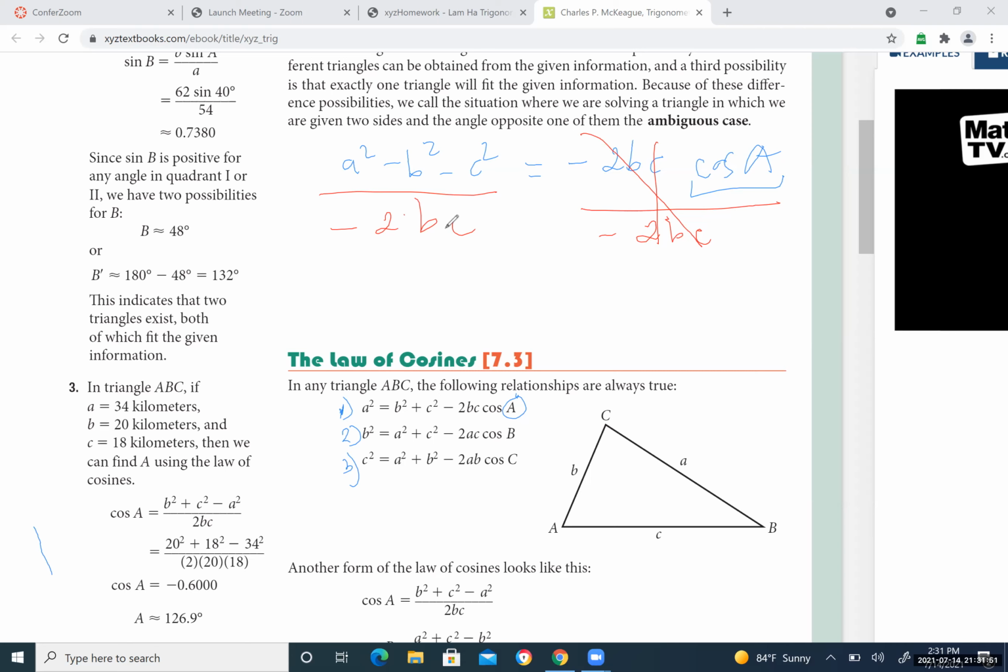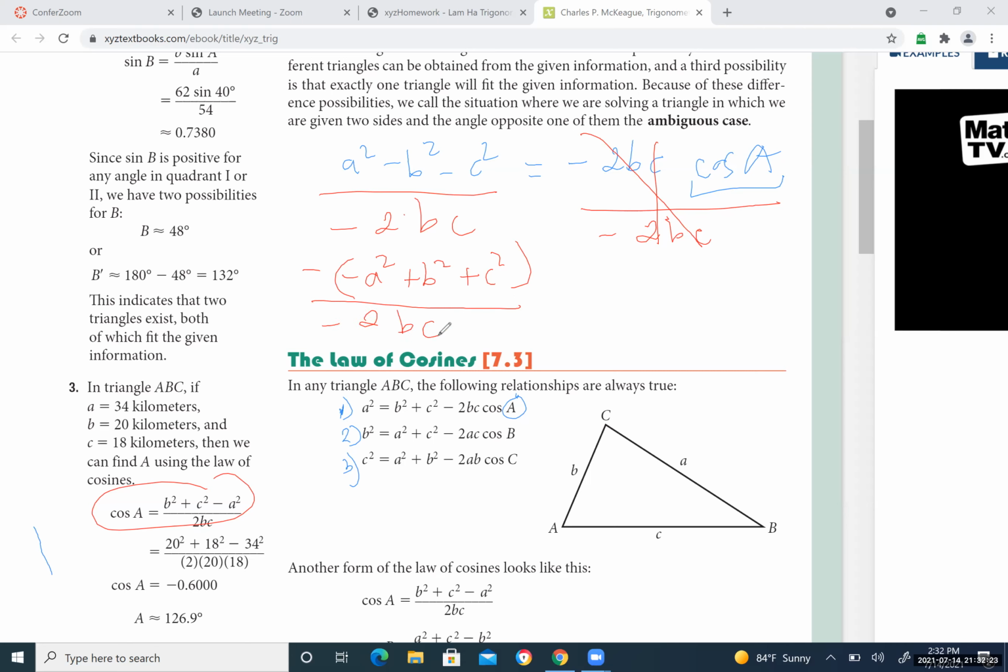But if you want to match the formula exactly, what do you need to do? Factor out the minus sign on the top, factor out minus 1. So we have minus a squared plus b squared plus c squared in parentheses with the minus in front, divided by minus 2bc on the bottom, still the same.